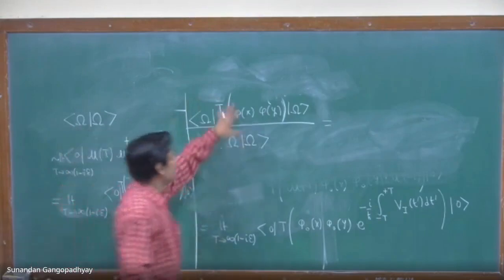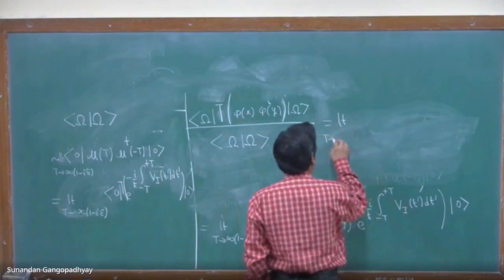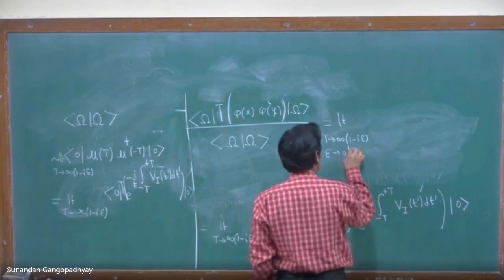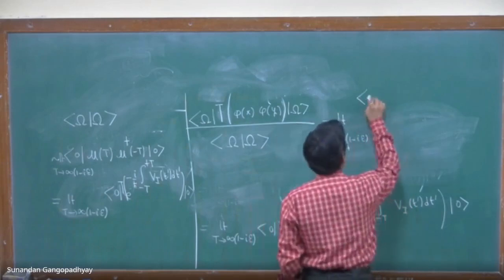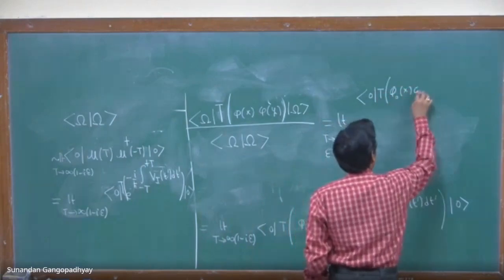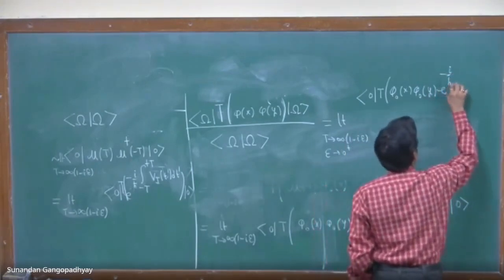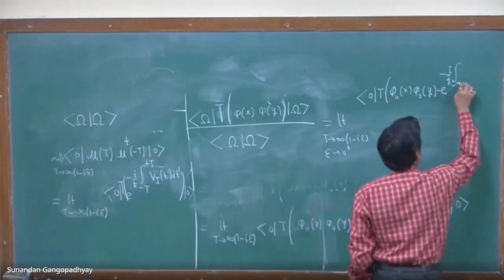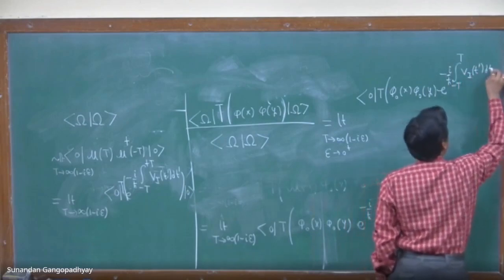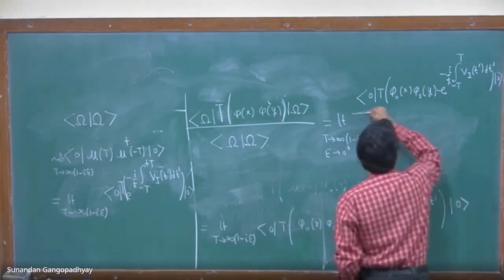Therefore, this quantity divided by this quantity is nothing but the limit t goes to infinity(1 − iε), where ε goes to 0⁺, of the time ordering of φ₀(x) φ₀(y) to the power of this, divided by the denominator.